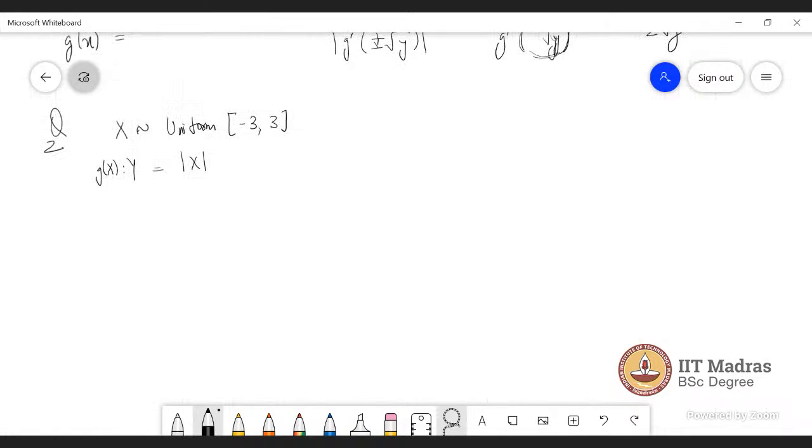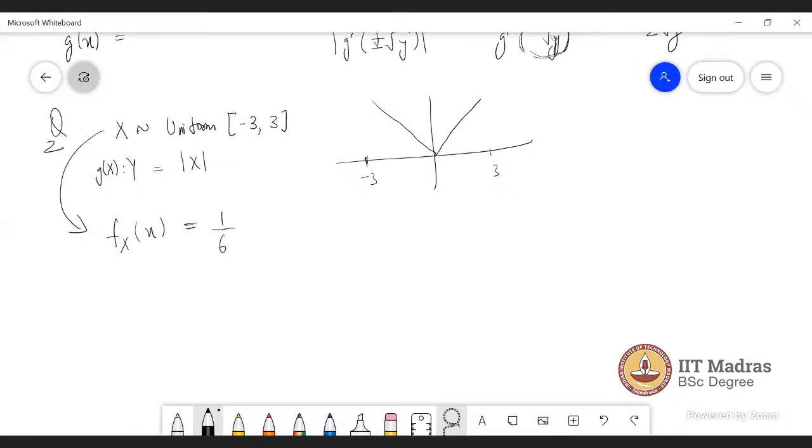If you plot the graph of mod x, it will go from -3 to 3. So as you can see in the support, what is the PDF of x? PDF of x is 1 upon b minus a. So this is going to be 1 upon 6. So from -3 to 3, the PDF is 1 upon 6.